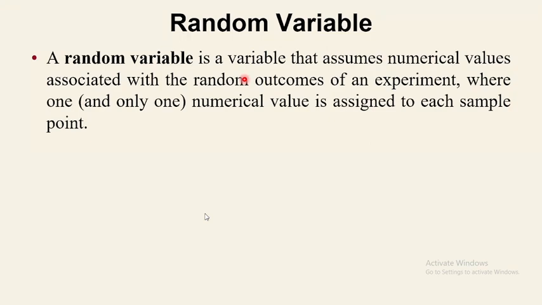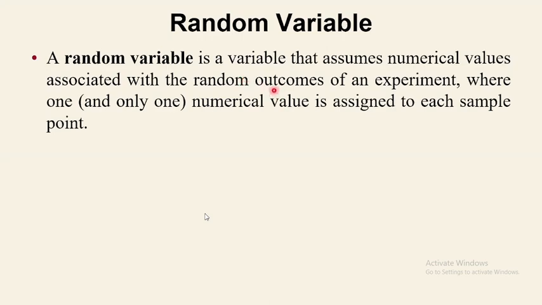Then highest educational qualification of an employee also takes various values. So the variable may take numerical or non-numerical values, but a random variable always takes numerical values, right?